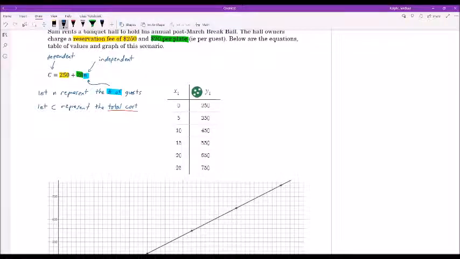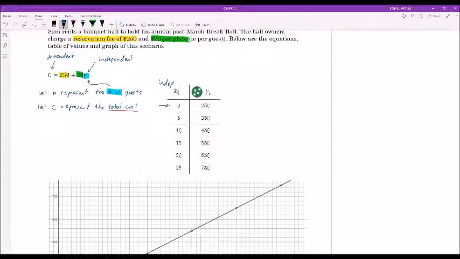So there's $250 for that, and that matches up in the table of values with 0 guests. I'll go back here briefly. We know this is going to be the independent variable, and in this case, instead of x, we're going to be using n.